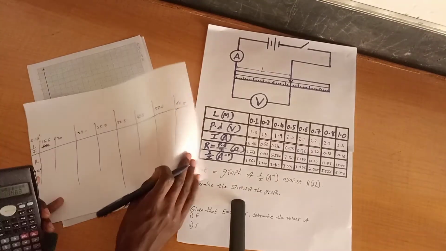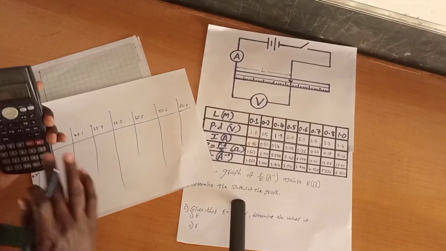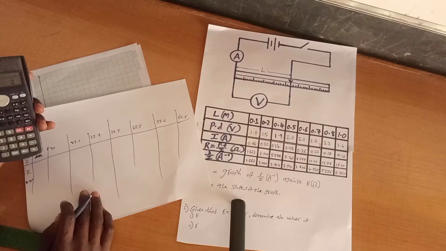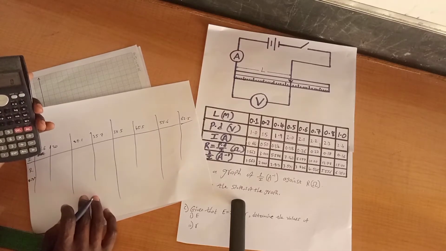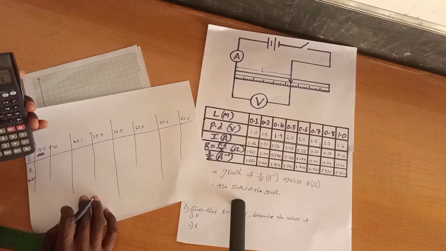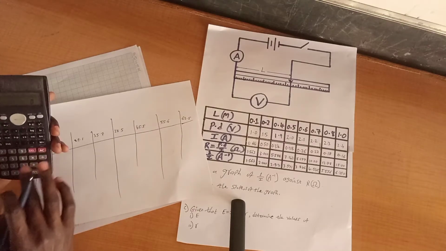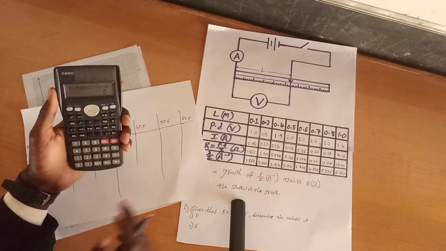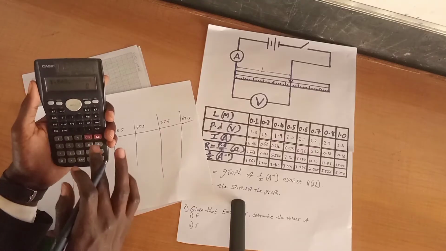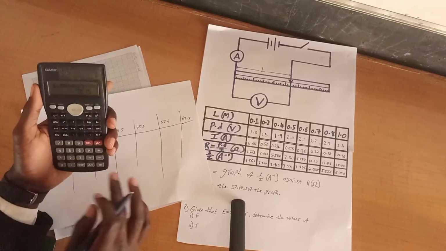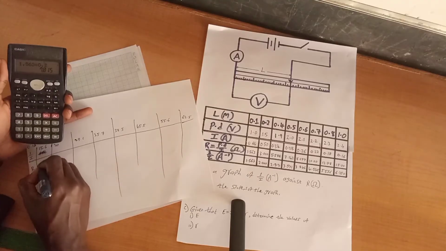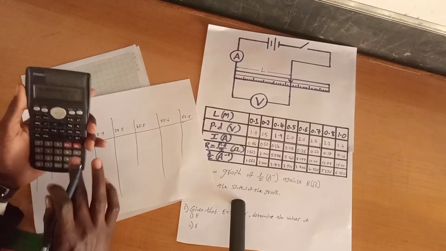Then for the resistance, we have 1.563 divided by 0.2. These are 7.8 squares.